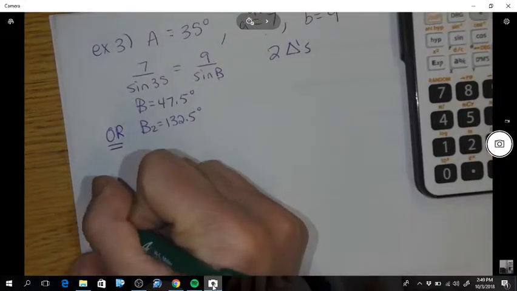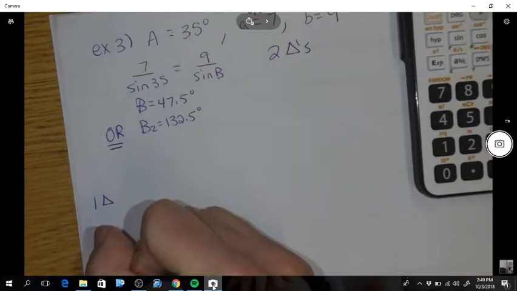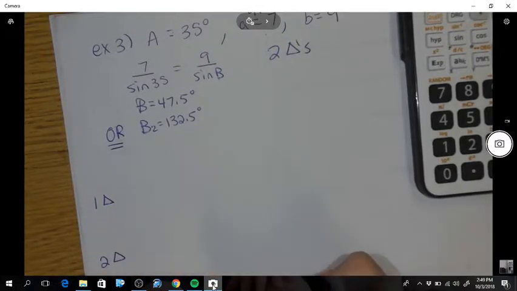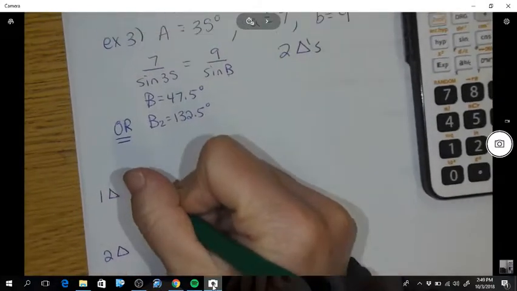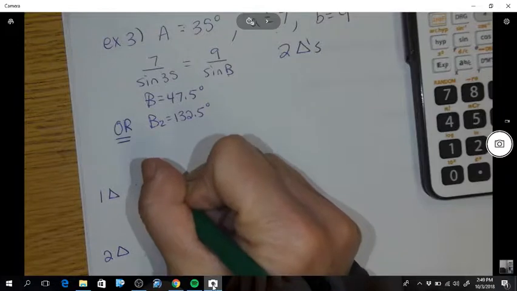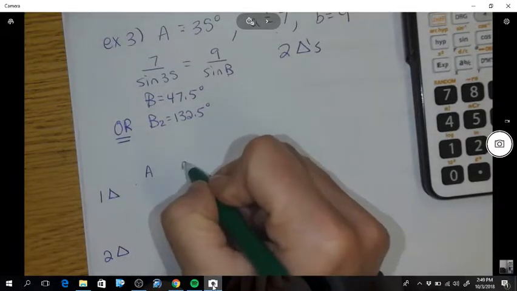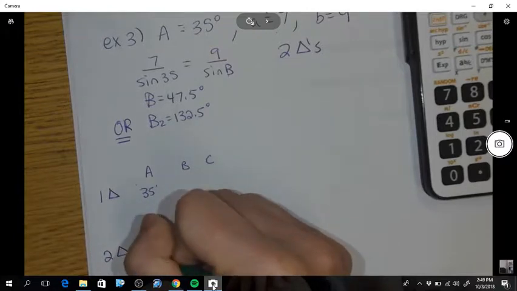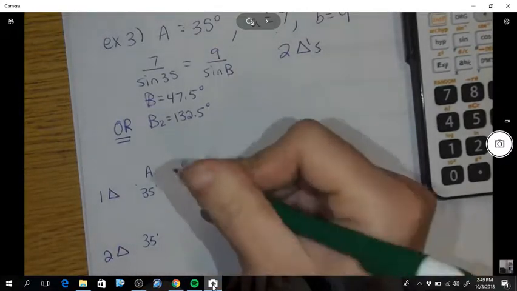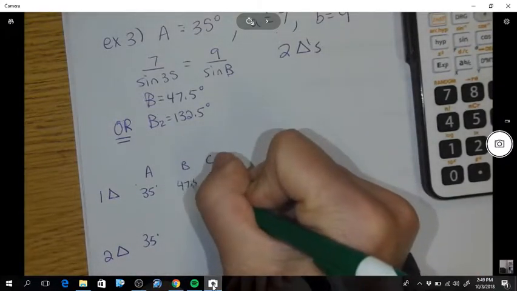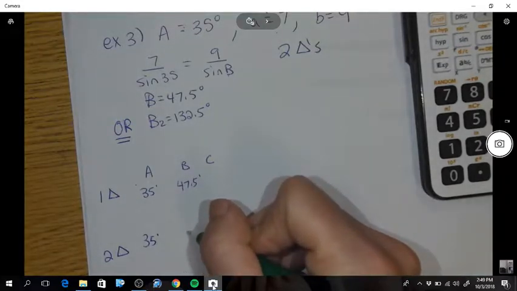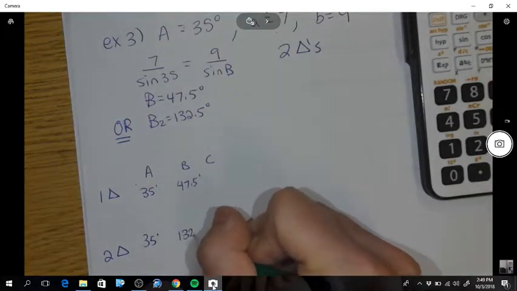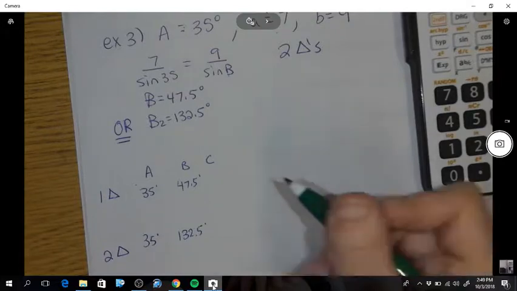So let's go one triangle, two triangles. Let's go A, B, C. They both have 35 degrees for A, and angle B has two options.